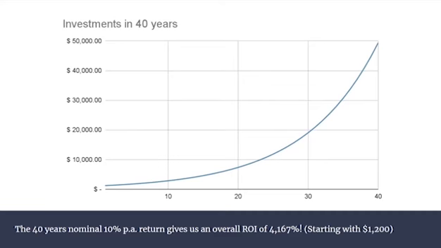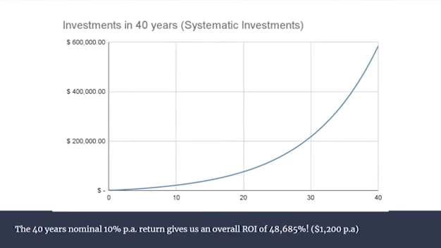However, if you were to invest consistently over the years, on the next slide you can see that we have an ROI of 48,685%, which can actually make you a millionaire. And this is just investing $100 per month, provided that you start at the age of 20.